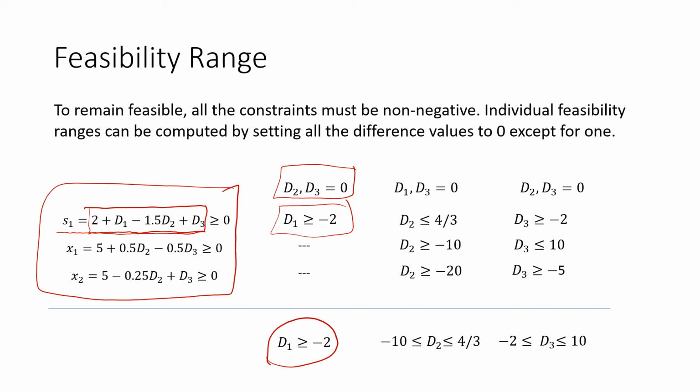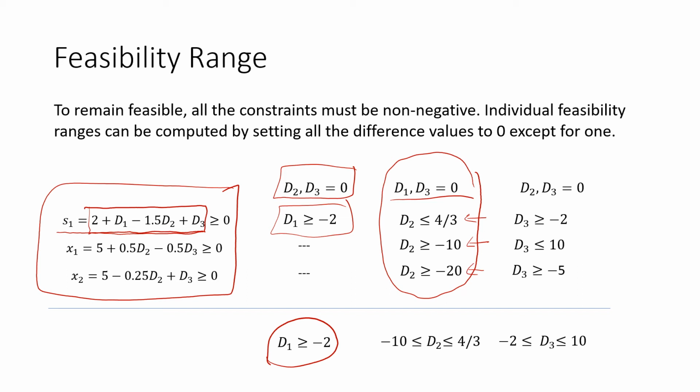What about my second one? Well, if I want to figure out the feasibility region for my second variable, I'm not going to change my first or third variables, so the differences are equal to 0. But now let's see what kind of adjustment I can make to my second one and still keep my variables positive. The first equation tells me it has to be less than or equal to 4/3, it has to be greater than or equal to -10, and it has to be greater than or equal to -20.